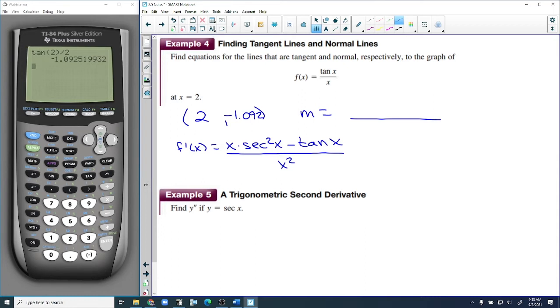Now we're going to evaluate this when x is equal to 2. I'll just do it on the calculator. 2 times 1 over cosine of 2, because I don't have a secant button, but I have a cosine button. There's secant, minus, I got a tangent button, that's good. That should be the top, and divide by 4.